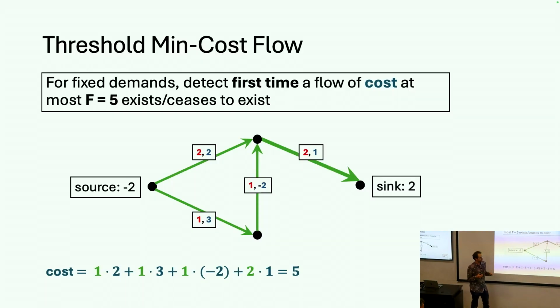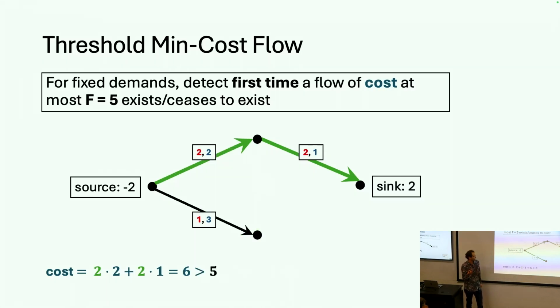So I still don't have to report anything, because it's still possible to send a cost 5 flow, sending 2 flow from source to sink. Then finally, another edge is deleted, and now it's only possible to send the demands with cost 6. At this point, the algorithm terminates and says it's no longer possible to send the flow from S to T with cost at most 5.